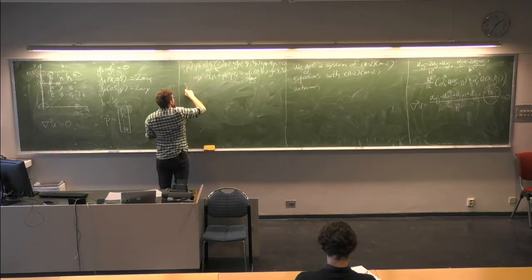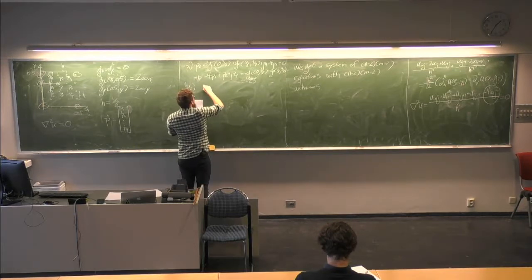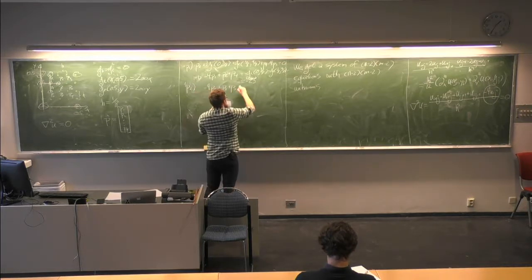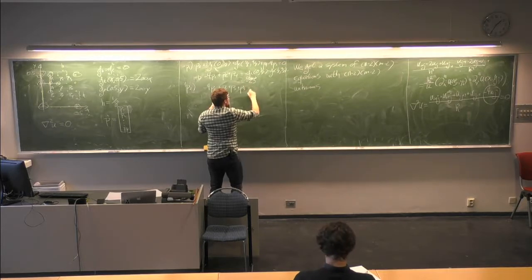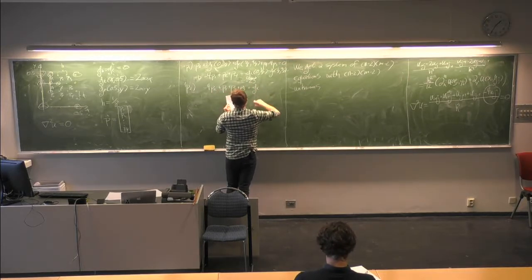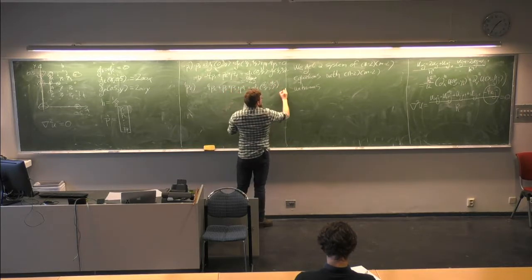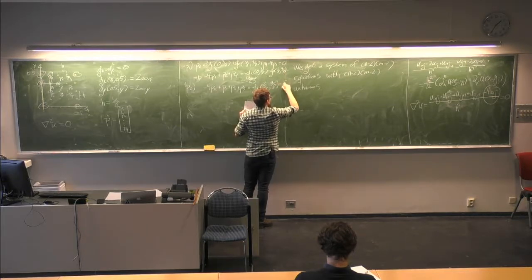If we do it similarly for P2, we get the equation minus 4 P2 plus P1 plus P3 plus P5, plus the known boundary value from GT, equals the known value.